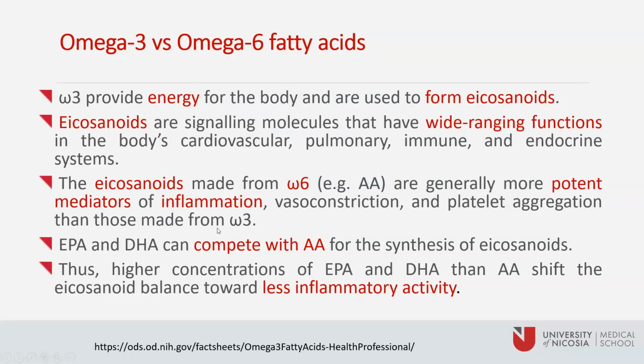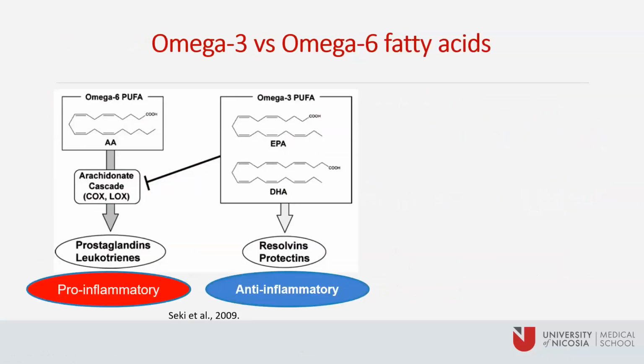And interestingly, EPA can actually compete with AA for the synthesis of the eicosanoids. That means that if you have a high amount of EPA and DHA compared to AA, you will shift the eicosanoid balance towards a less inflammatory activity. This is the desirable effect that you want to see.